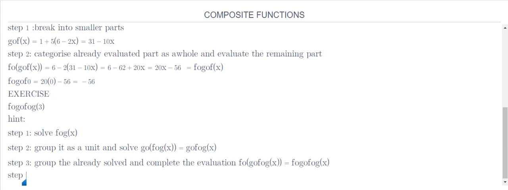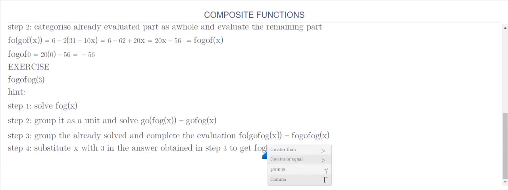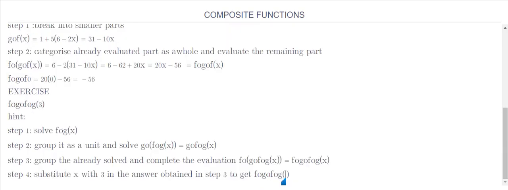So the last step, step 4: substitute x with 3 in the answer obtained in step 3 to get f of g of f of g of 3. Now that's how it is done, not complicated.